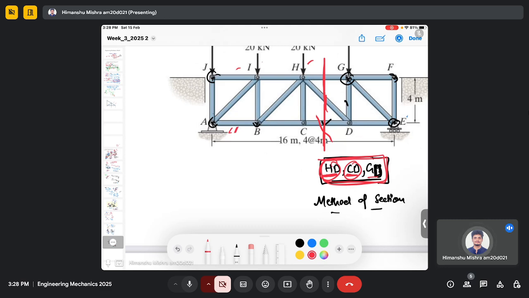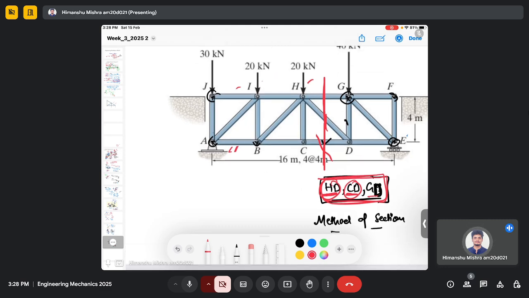Now once you cut the truss into 2 sections, this left section and this right section, you can actually assign the forces for those members which you have cut. So I have made a cut through GH, this HD and CD.